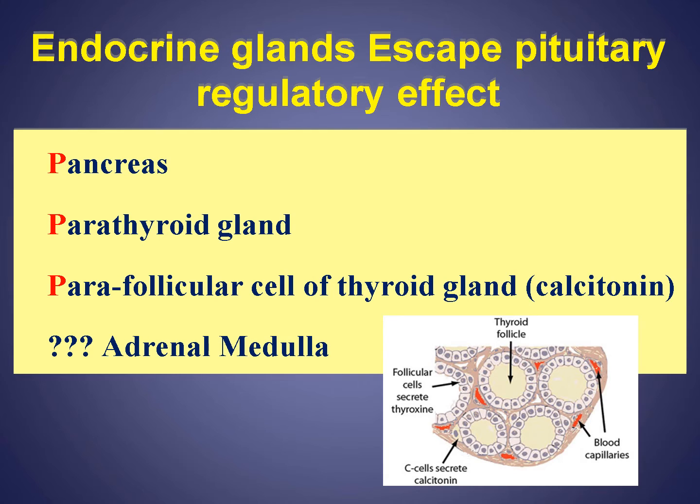We have the pancreas, we have the parathyroid gland, and we have the parafollicular cells of the thyroid gland secreting calcitonin, and sometimes we add the adrenal medulla, but usually the adrenal medulla is considered part of the sympathetic nervous system, not an endocrine gland, and its secretions are mainly neurotransmitters, not mainly hormones, which are epinephrine and norepinephrine.